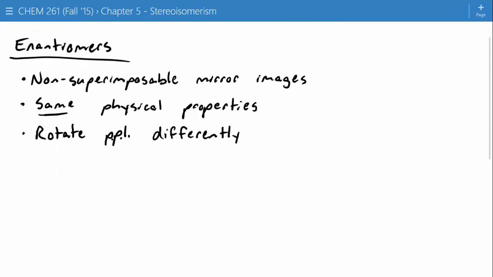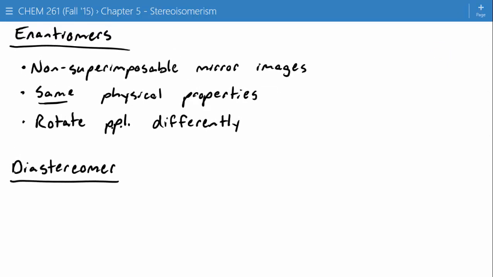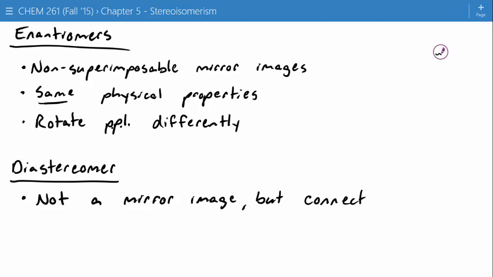This is different than something called a diastereomer. A diastereomer is not a mirror image, but connected in the same way.